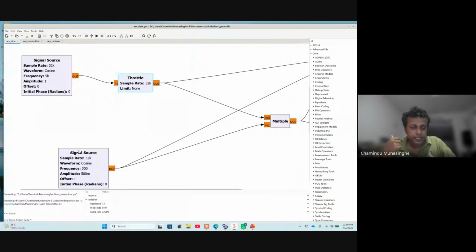And then this is my baseband signal, which is 300 hertz and 500 millivolt amplitude. And then I have an offset here. We need to give it a DC offset because otherwise it's not amplitude modulation. It will be double sideband suppressed carrier if you don't have a DC offset.